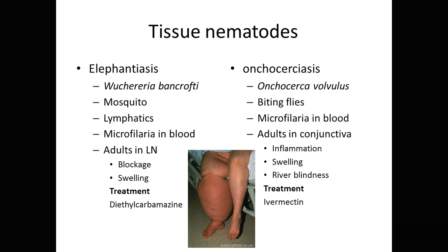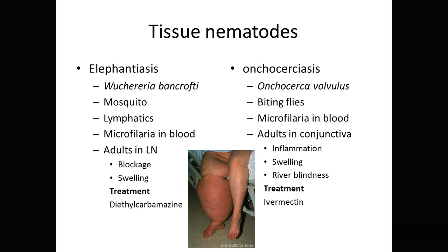We have also tissue nematodes. These are GI tract or blood nematodes. We have tissue nematodes, and they can lead to elephantiasis or onchocerciasis. Elephantiasis is caused by Wuchereria bancrofti. It is transmitted by mosquito, and mosquito transmits the larvae, and the larvae enter the lymphatic system.